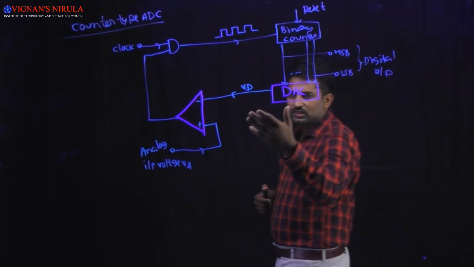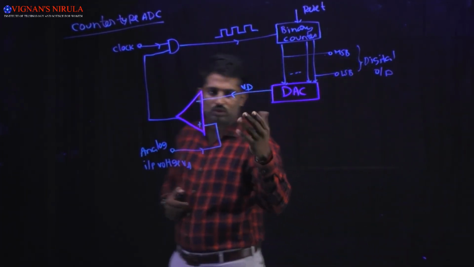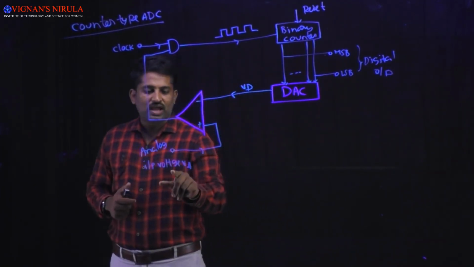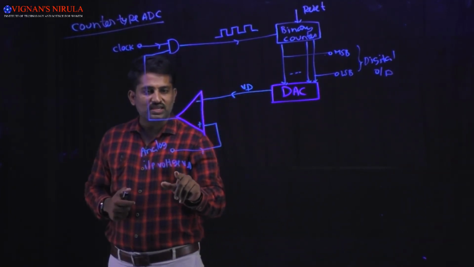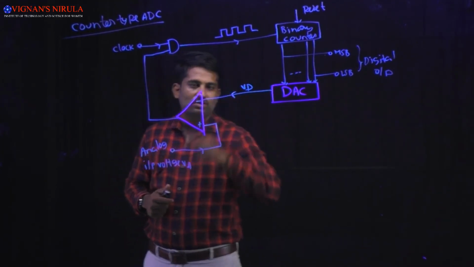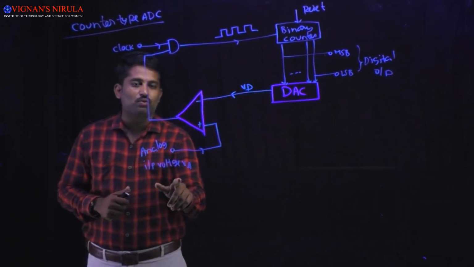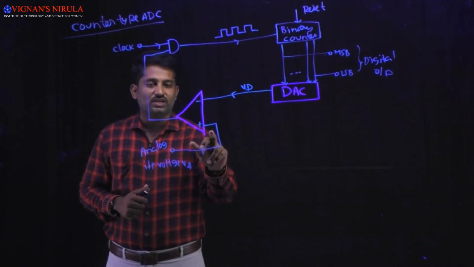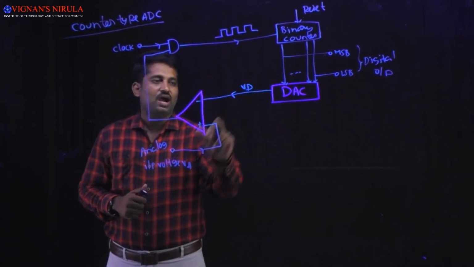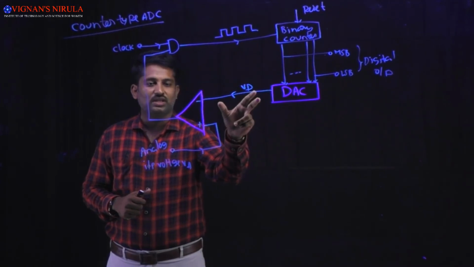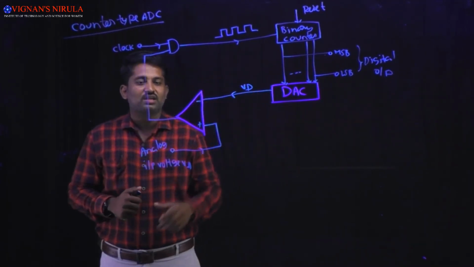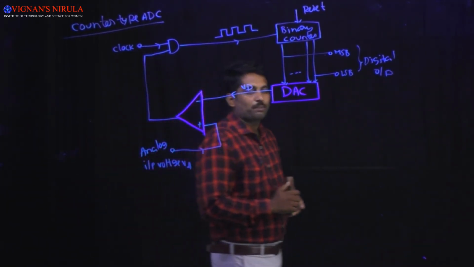So obviously the output of the DAC will be 0, and the analog input voltage VA is greater than this VD value. VA is the voltage at the non-inverting input terminal of the comparator, and VD is the voltage at the inverting input terminal of the comparator.